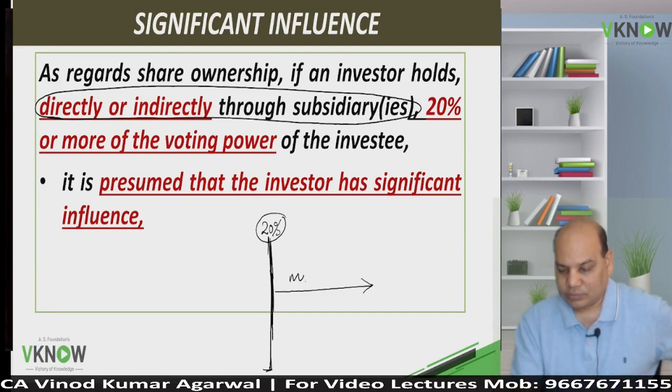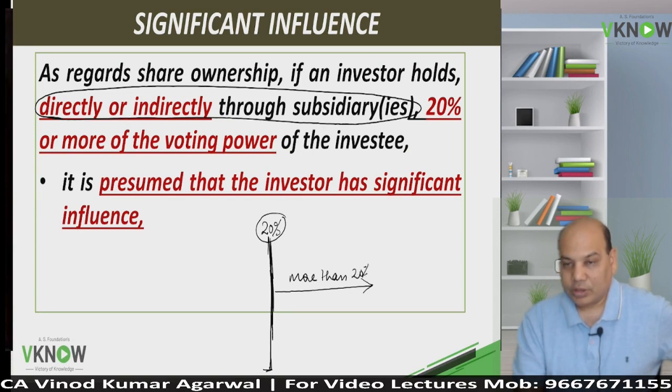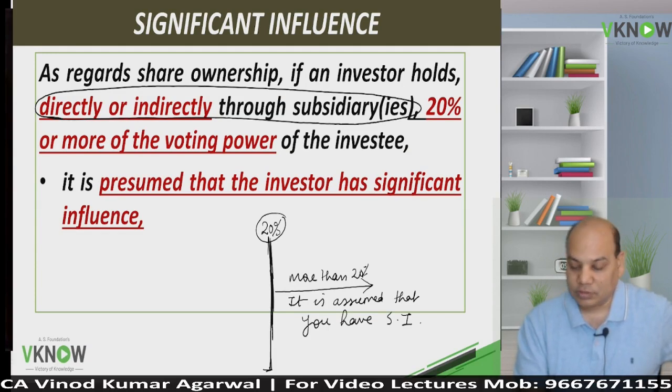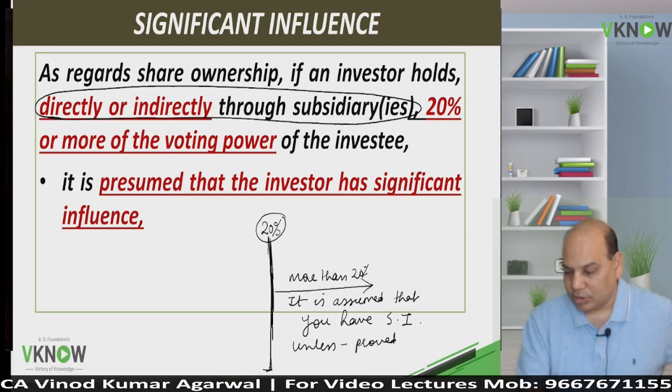Okay, more than 20%. It is assumed that you have significant influence, unless proved otherwise. Sir, what is unless proved otherwise?